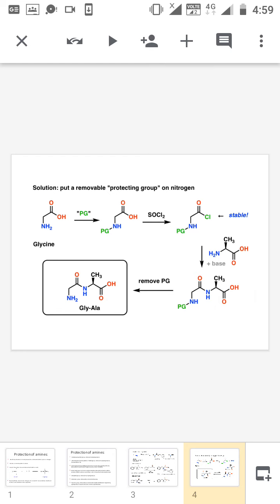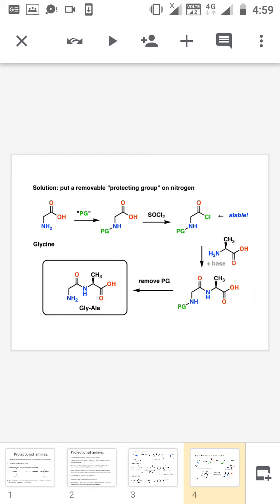So we have to convert the carboxylic acid into an acid chloride by using SOCl2, so the OH group is replaced by chlorine. Now we treat this protected amino acid with another amino acid and a base, and we get a dipeptide.